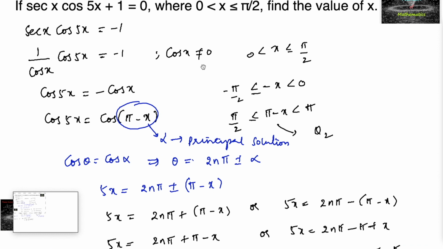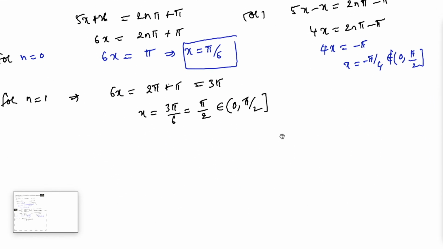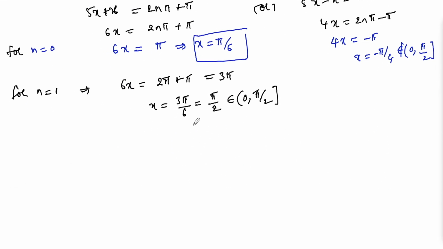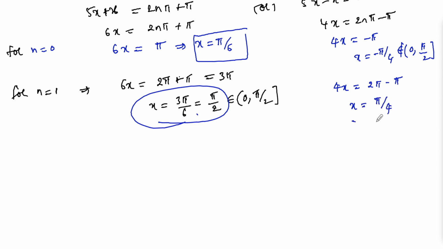Cos pi by 2 is 0, so we should not consider this. Then similarly for n is equal to 1, if I substitute here, 4x is equal to 2 pi minus pi, so that x is equal to pi by 4.